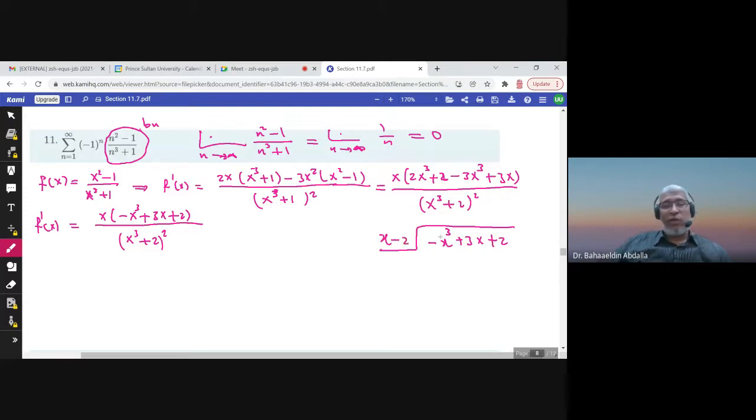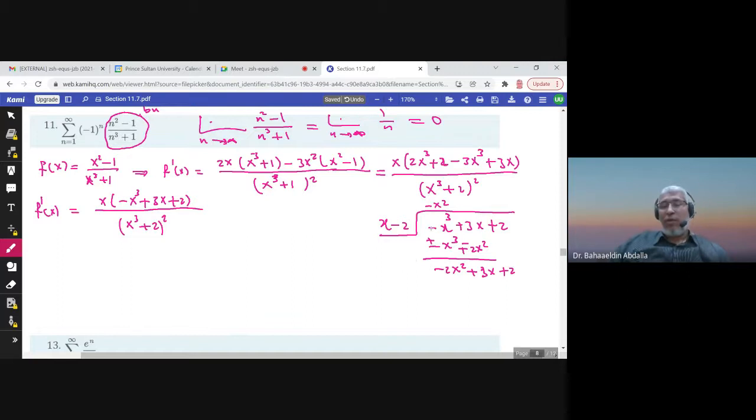2 is a zero, so I will divide by x minus 2, long division. Change the sign and add. I have negative 2x squared plus 3x plus 2. So negative 2x. Change the signs. So negative x plus 2. So this is just negative 1.